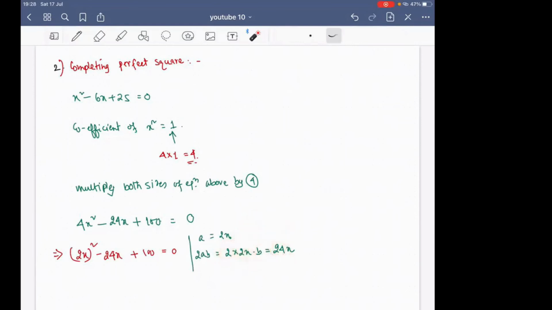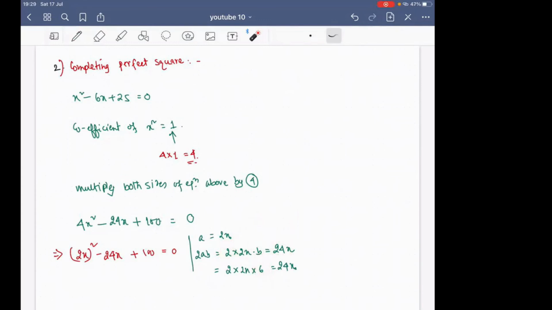So if instead of the b I put 6, you will get 24x, right? Let's check. 2 into 2x into 6, we get 24x, isn't it? That means instead of b, we are supposed to put 6.